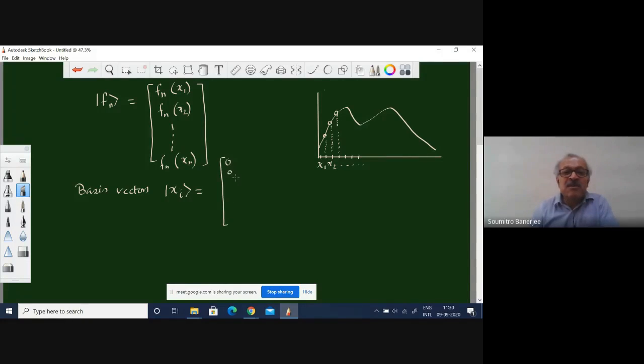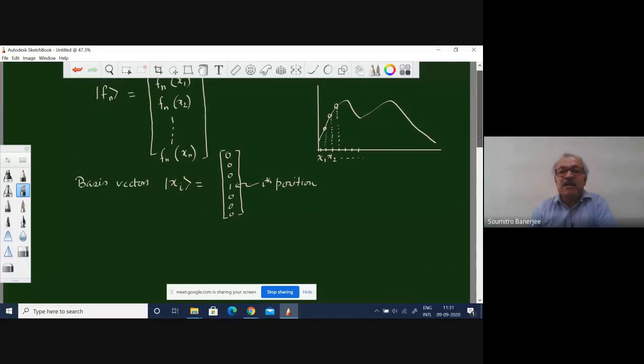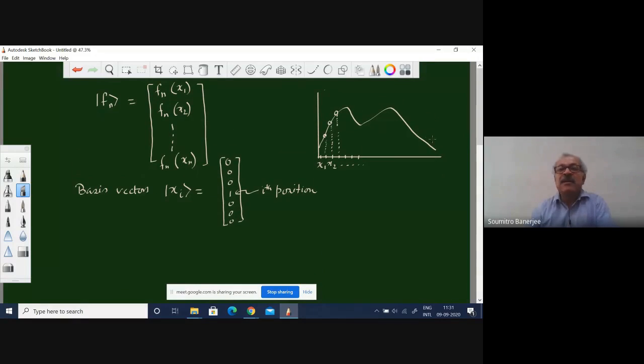So 0, 0, 0, somewhere it is 1, then 0, 0, 0, and this is the ith position. So this is how the basis vectors are defined, and on these the function can be defined, right? So you can easily see that a function like the psi function can be defined on a basis like this.